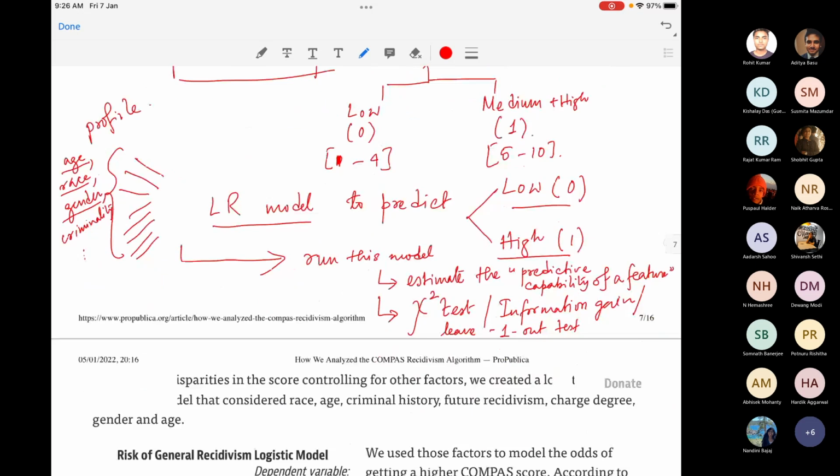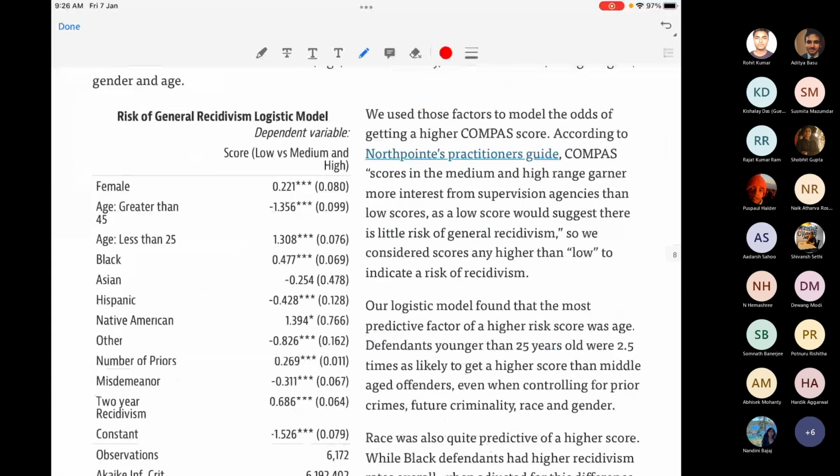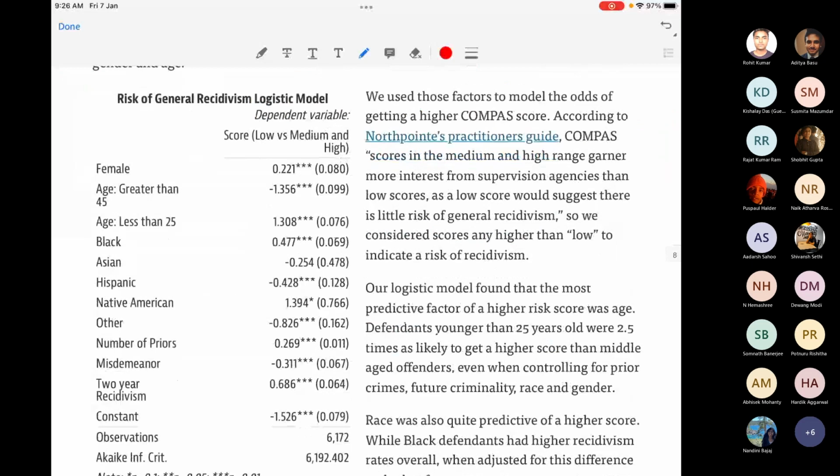And what do they find? So this is the table. Without looking at the right-hand side, tell me what you observe. These stars here mean statistically highly significant.